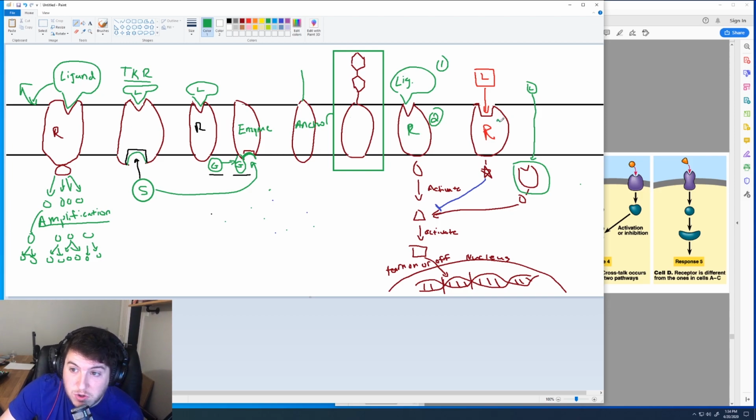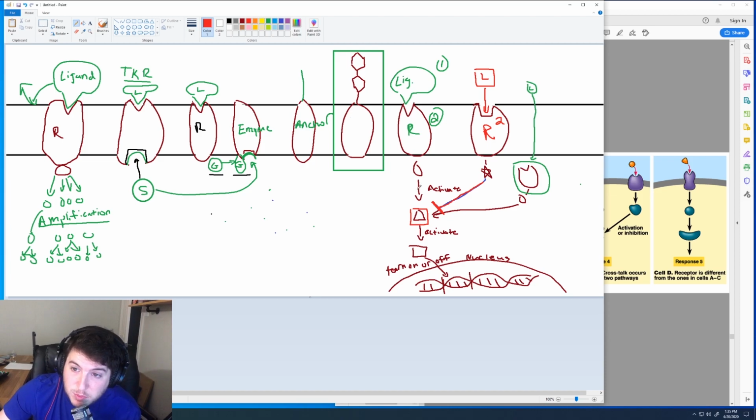Receptor number 2, I should do that in red. When the ligand binds to receptor number 2, it activates the star protein. And let's say the star protein is going to inhibit the triangle. It's going to inhibit this triangle, which I am drawing not with arrows, but with this little shield blocking thing.